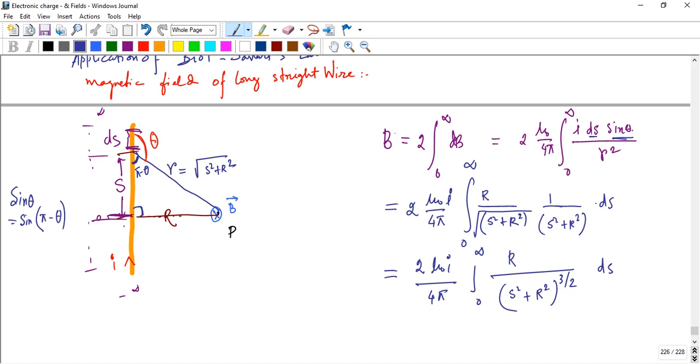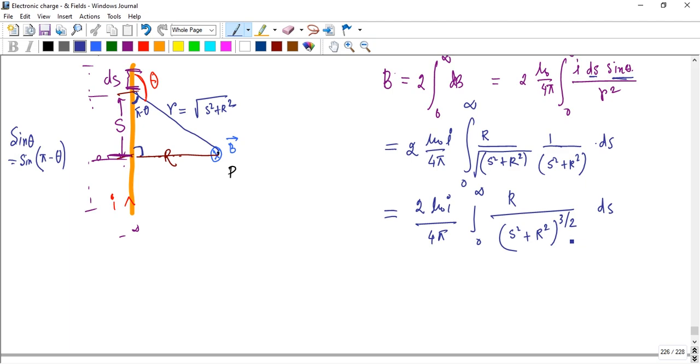Now we solve this integration with some class 12 integration concepts. Let's take an assumption: let a be equal to r tan theta.